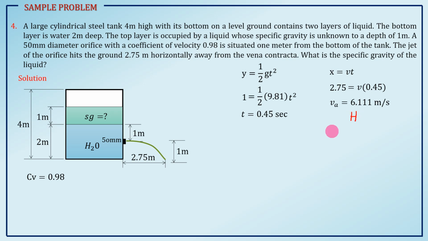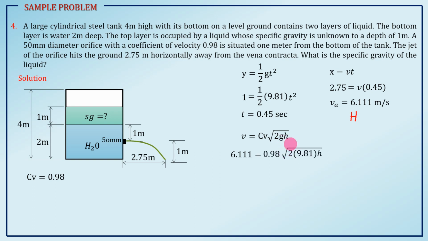So the actual velocity is equal to the CV times the square root of 2gh, right? That is the relationship of the theoretical velocity and the actual velocity. Solving for h, we have an actual velocity of 6.111, a CV of 0.98, and the gravitational acceleration of 9.81.